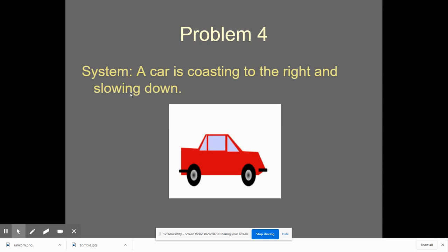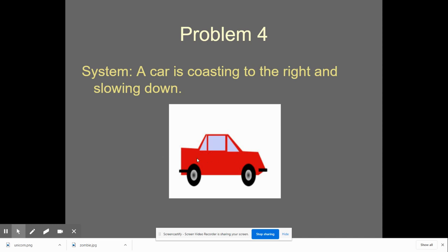So remember, I have a change in speed. I still have gravity down. I have the normal force up because it's supported by the road. Probably have friction, and then I probably have the motor, we would say, creating an applied force in this direction.